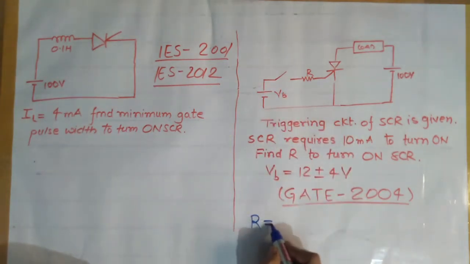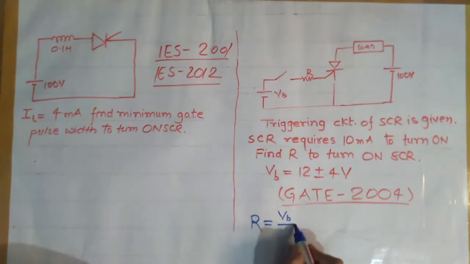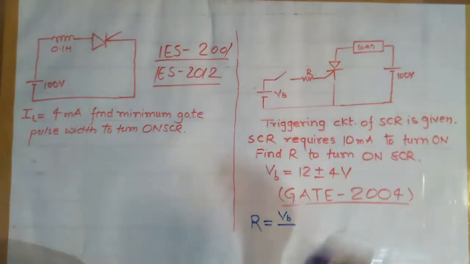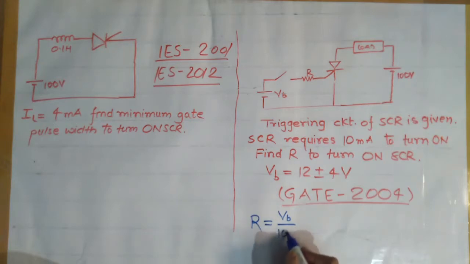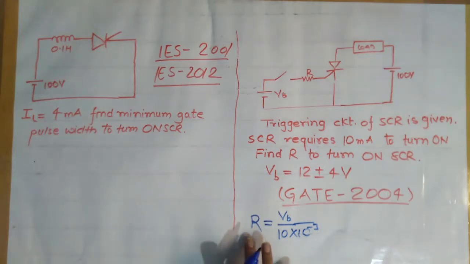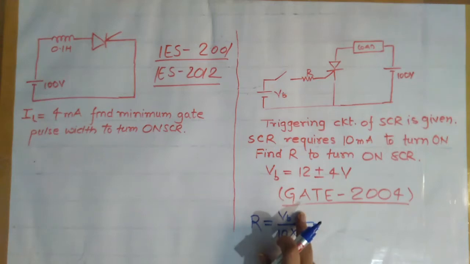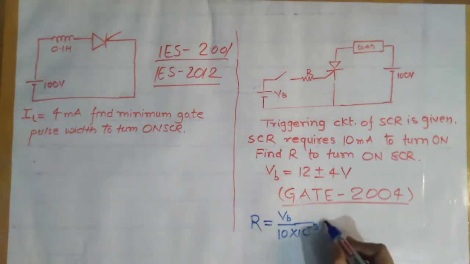It is simply given by VB by the current through this SCR, that is 10 milliampere, so 10 into 10 to the power minus 3. Now to reliably turn on the SCR, this voltage VB must be minimum. So what is this VB?